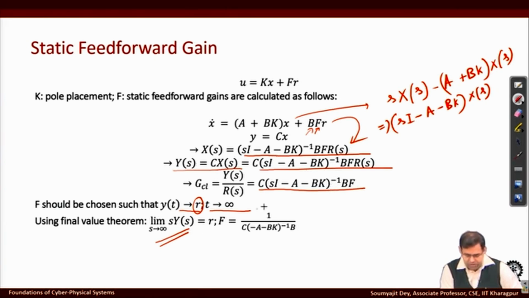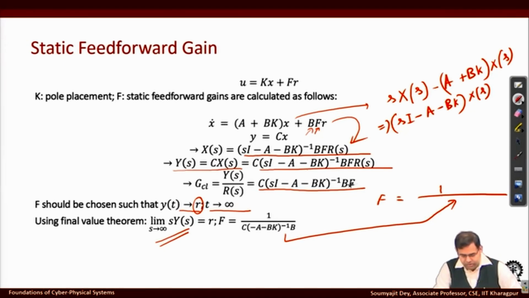If you apply this limit and equate it to R, and if you set R as 1 here, then from Y by R and this theorem you can generate F to be equal to this thing here.